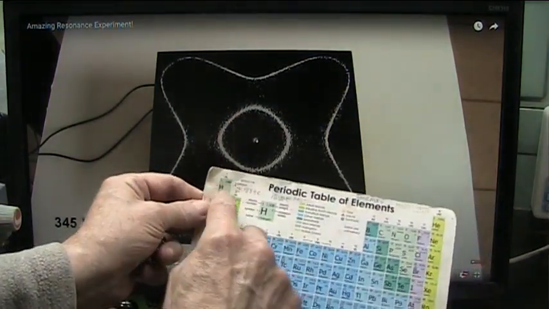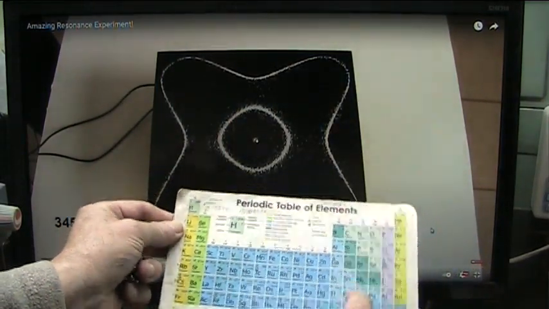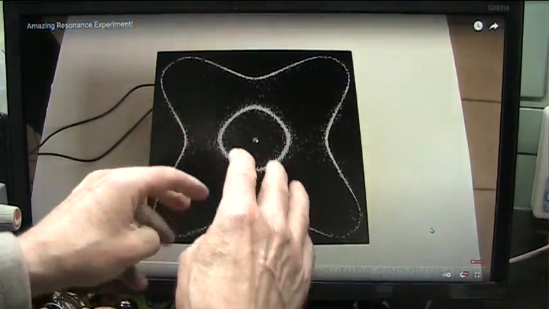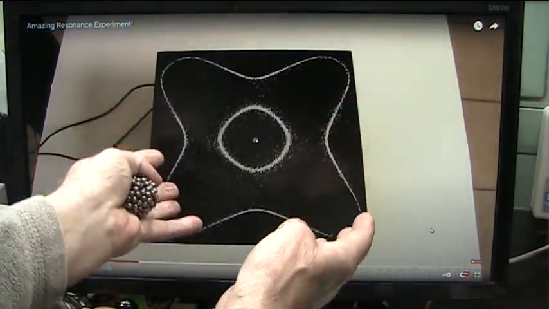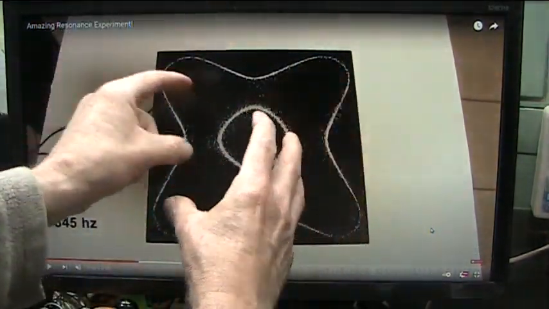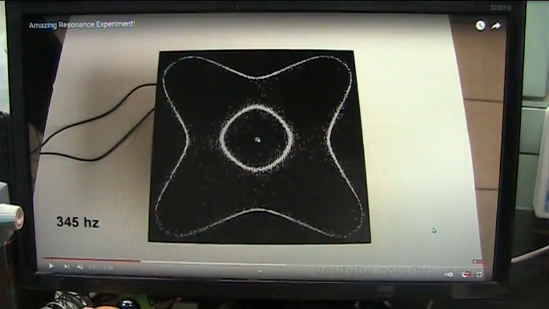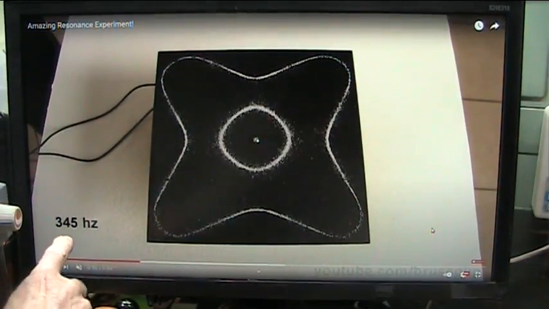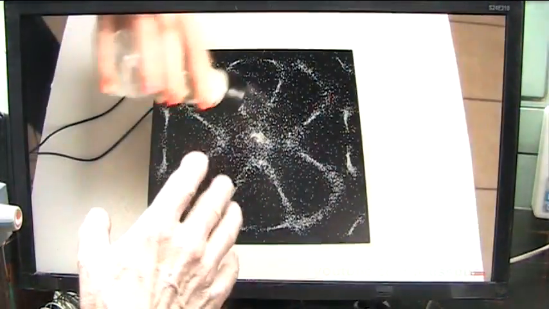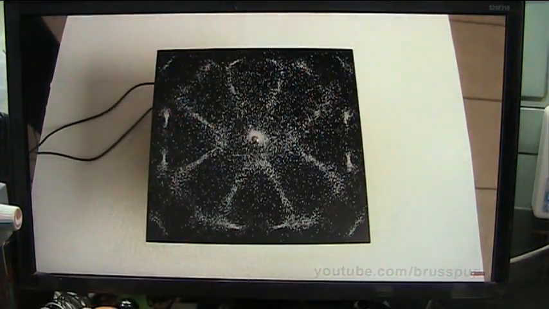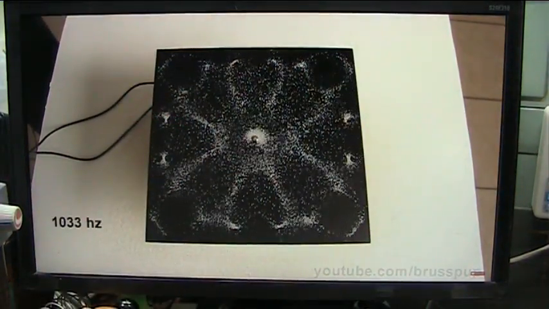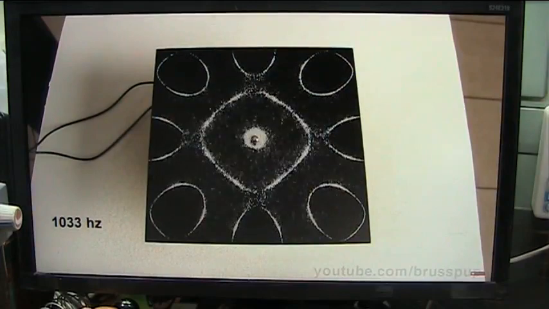Now, then you get into what's called the rule of 8. The rule of 8 means there can be 8 surrounding electrons around the core. Now watch what happens as they increase the frequency. That's 345. Now they're going to shake it a little harder, and all of a sudden you're going to see that pattern of 8 show up there. That's called the rule of 8.